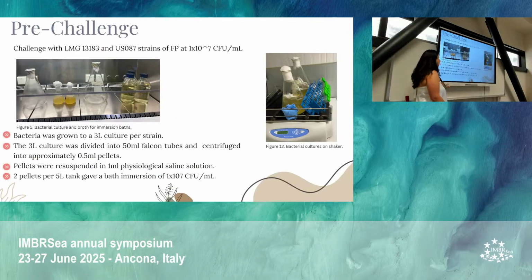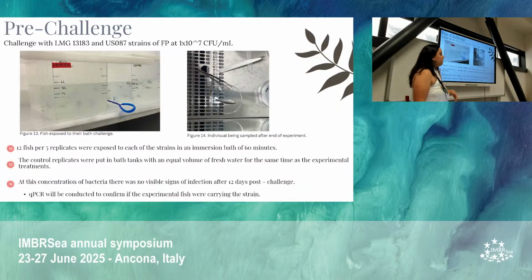I did this by growing them from step to step, so this bacteria is very slow growing, so it takes 4 days until they reach the point in their exponential phase where I need to pass it to a bigger jar. And when I had 3 liters of culture for the 2 strains that I wanted to use, I centrifuged it into small pellets, and then I added that to the water to create 10 to the 7 colony forming units for the 5-liter bath that I exposed the fish to. And this is the baths.